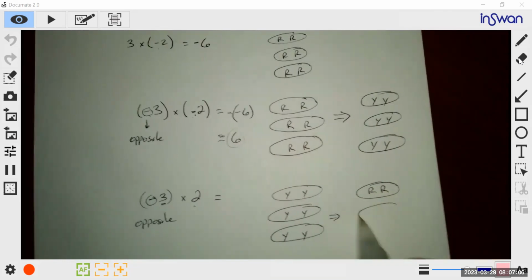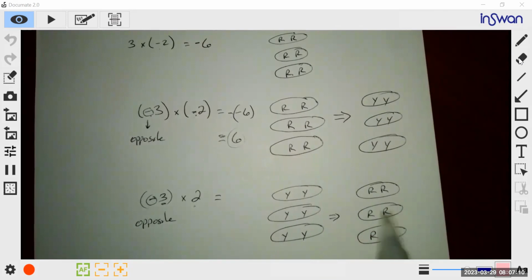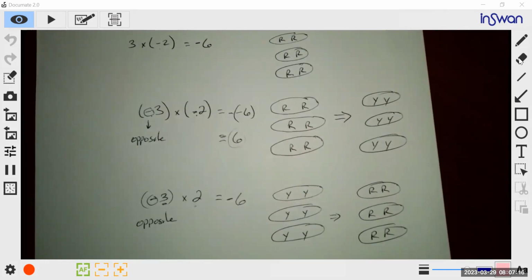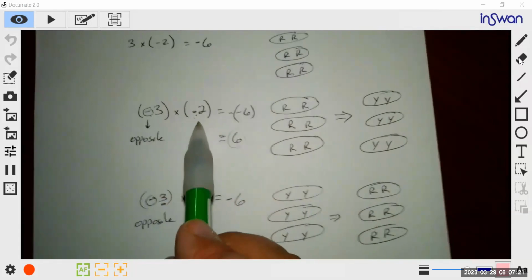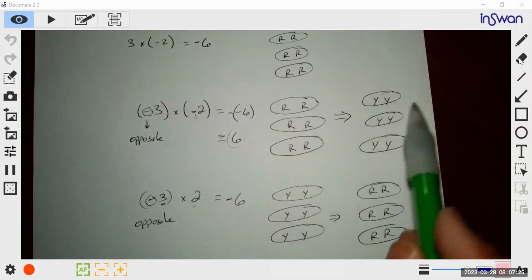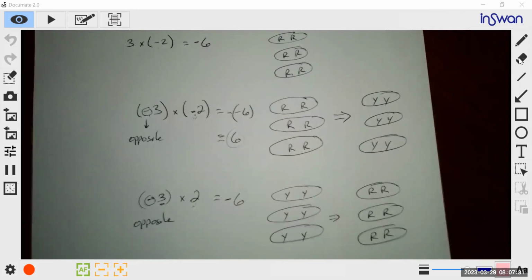Red, red, red, red, red, red. Now, if we count those, we have 6 red chips, and reds are negative. So we get -6. So if we start with red chips and change the color to yellow, or start with positive chips and change them to red, that's how that would work.